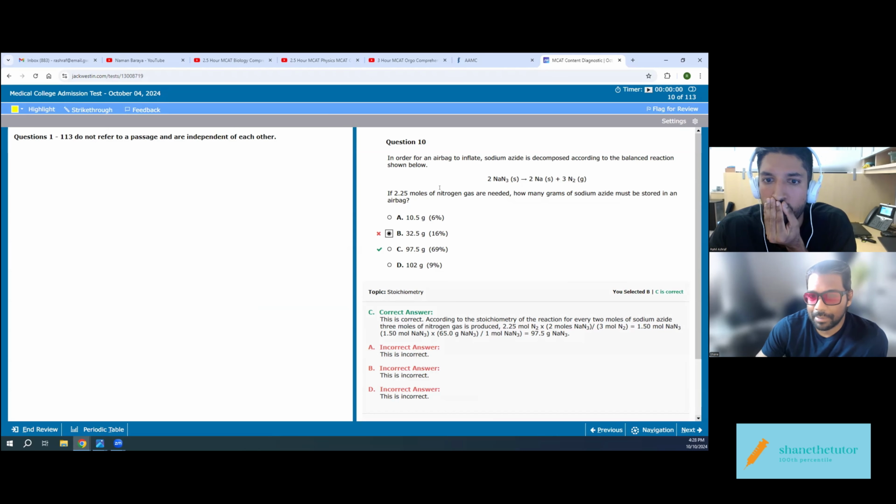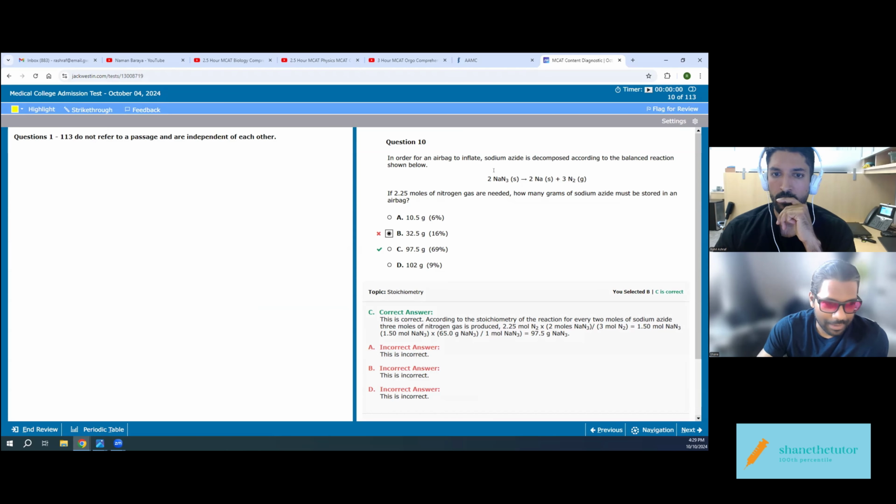And the balanced reaction shows us that for each 3 moles of nitrogen gas, you get 2 moles of sodium azide. So we can use that to figure out how many moles of sodium azide you get if you started with 2.25 moles of nitrogen gas. Then we use the gram formula mass of sodium azide to figure out how many grams that would be.